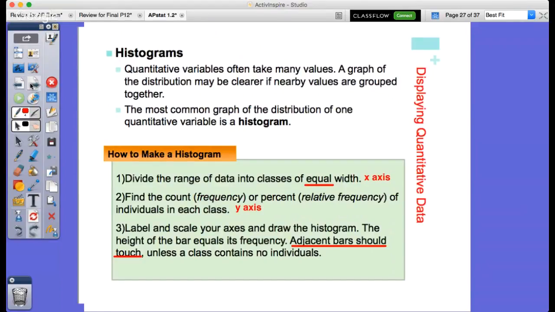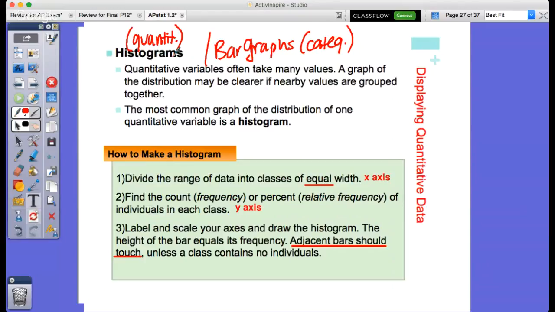All right, histograms are different than bar graphs. So one thing to remember is bar graphs are categorical from the first video, and histograms are quantitative, okay? So that's the big difference there to remember.